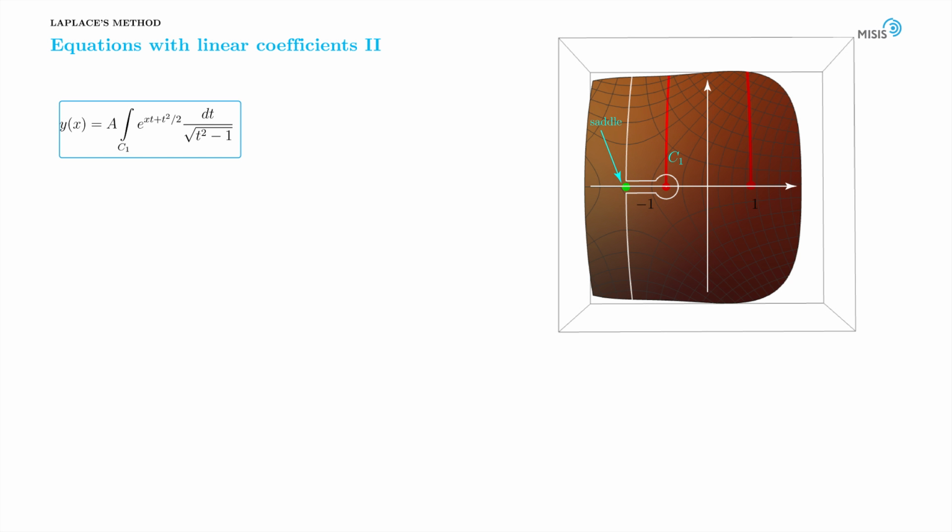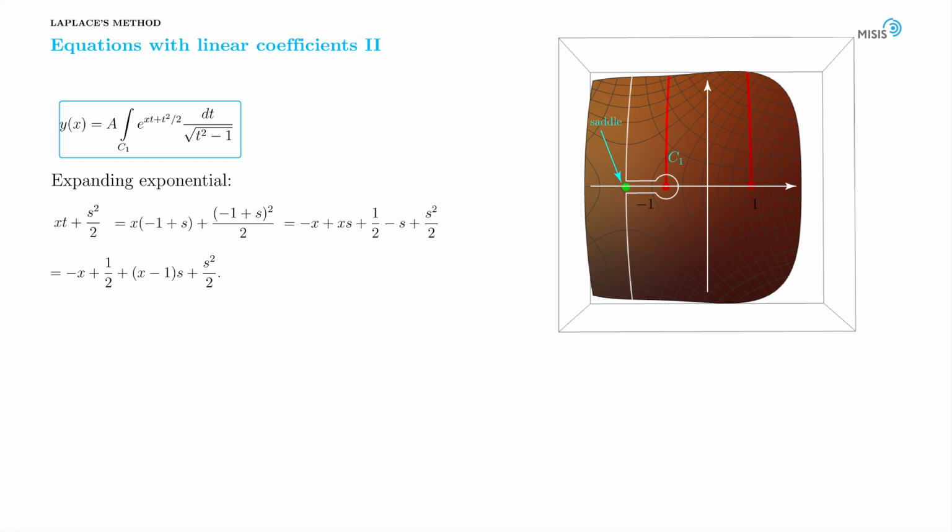To understand in detail how to deal with this different Riemann sheet stuff, let's do the details. So we are interested in the vicinity of the branch point. Hence, we expand the exponent near t equals -1. We have the following change of variable, simple algebra. As usual, the convergence region is s of the order of 1 over x.